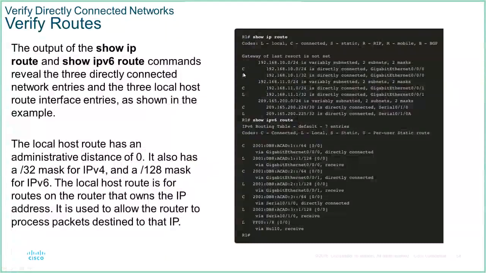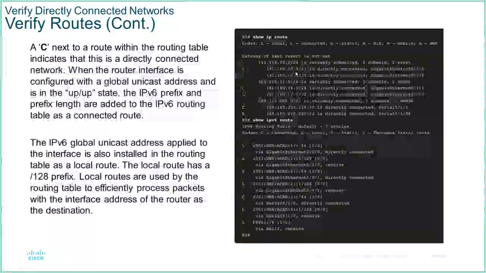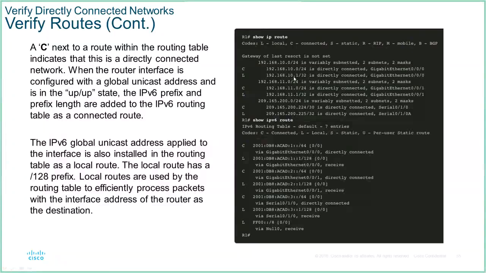So the connected network is 10.0/24. The specific local interface is 10.1/32. In other words, this is the actual interface address on this physical interface. So this is the connected network.